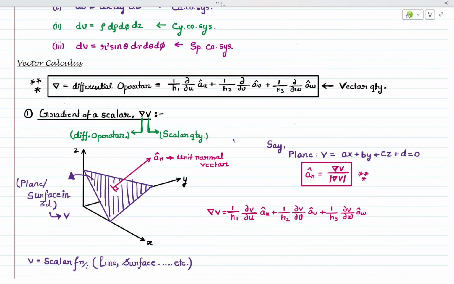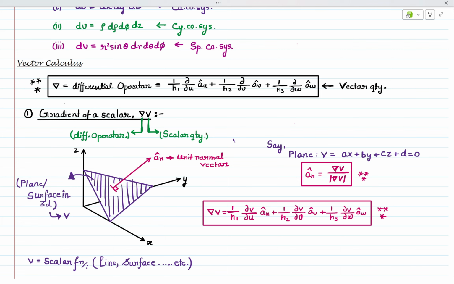Right? Because V is a scalar, and that V will be multiplied with each and every component of this del operator.